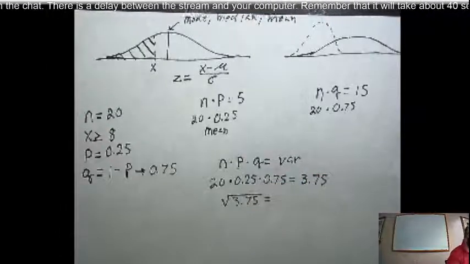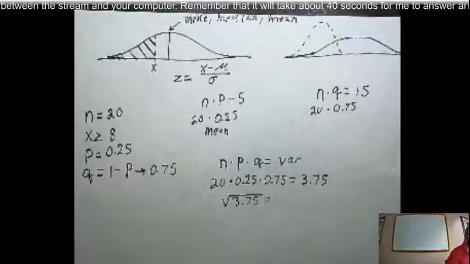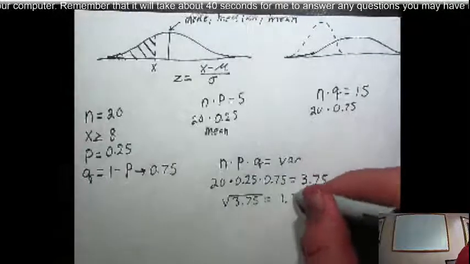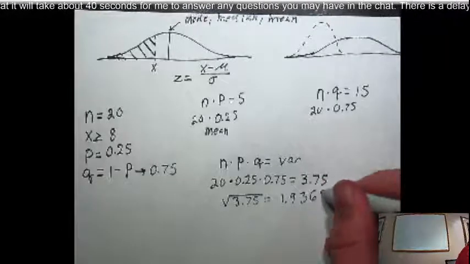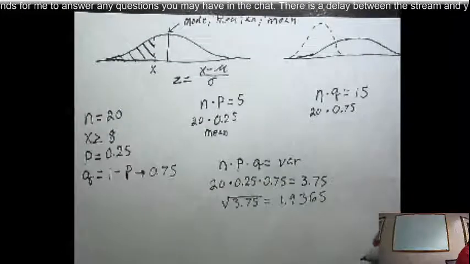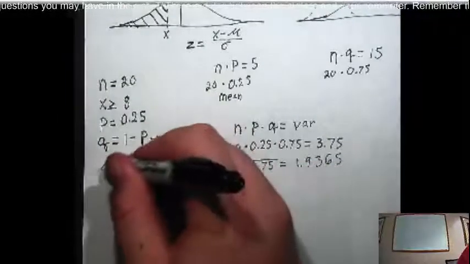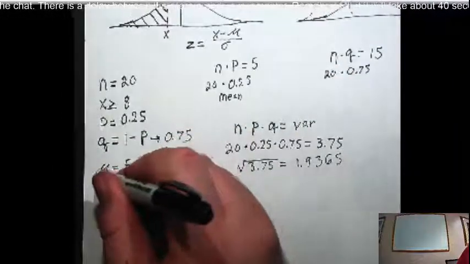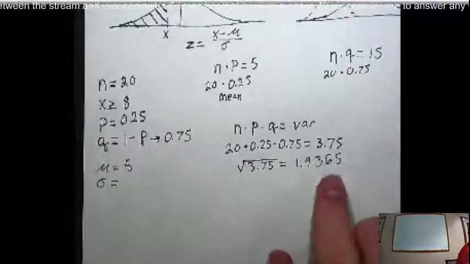Okay, so let me find the square root of this real quick. And so that comes out to be 1.9365. This is our standard deviation. So our mean is 5. Our standard deviation is 1.9365.